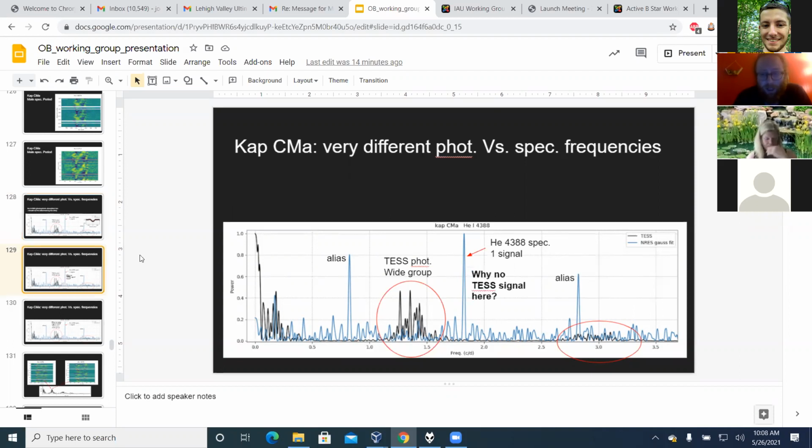So what is going on? I'm at a loss for exactly what that means. These might be two different types of pulsation modes. Maybe this spectroscopic signal is a g-mode pulsation that somehow doesn't show up in photometry, and maybe these are somehow different. I really don't know though.